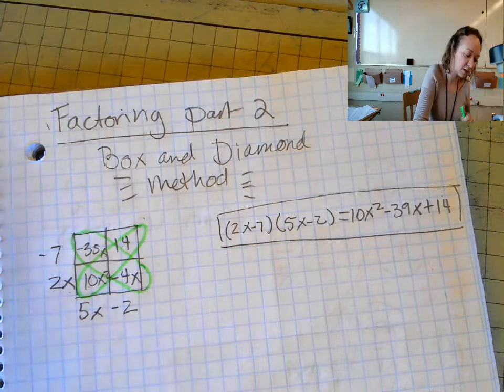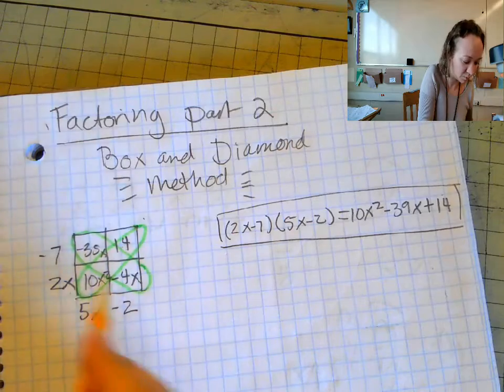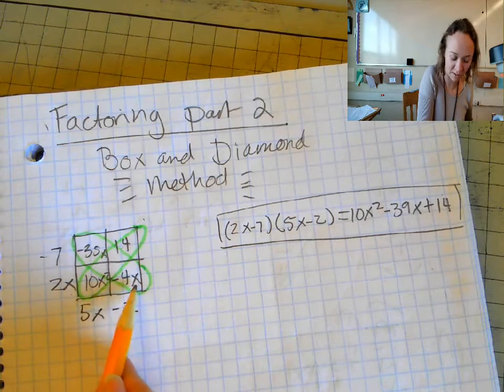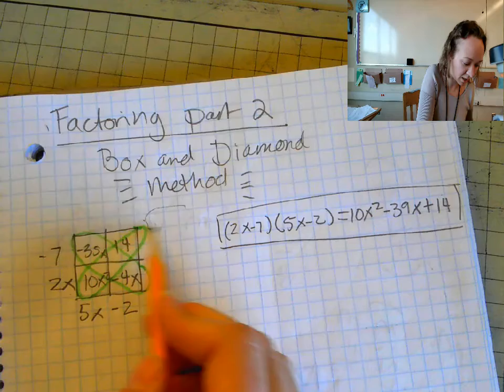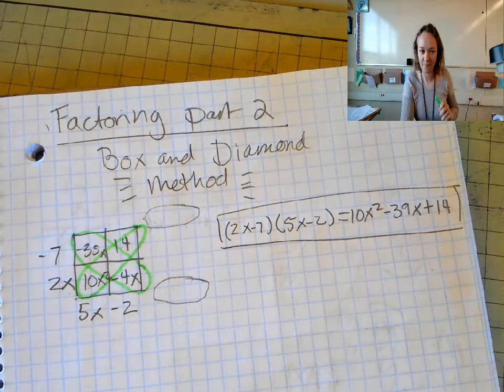So let's try it. I want you to multiply 10x squared times 14, and I want you to multiply negative 35x times negative 4x. And I want you to write what you get. Try it now.